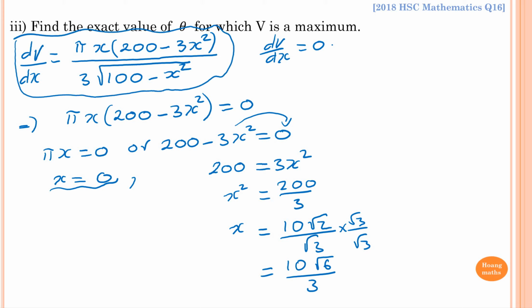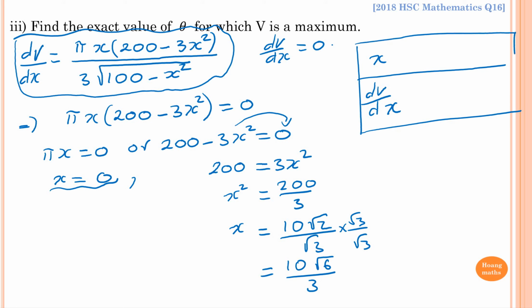So let's draw a table. x and then dv/dx. I just quickly draw it out. So this is 10 root 6 over 3.